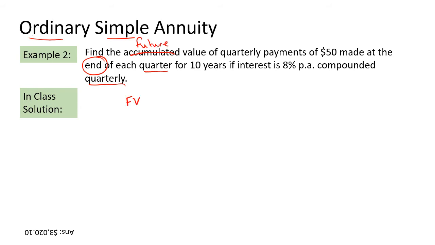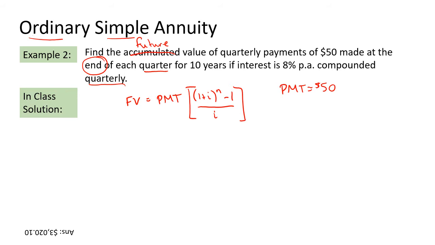So the future value is equal to your payment multiplied by 1 plus the periodic interest rate to the exponent n. Again, n is the total number of payments, minus 1, divided by the periodic interest rate. Given in the question was our payment. Every quarter we're paying $50.